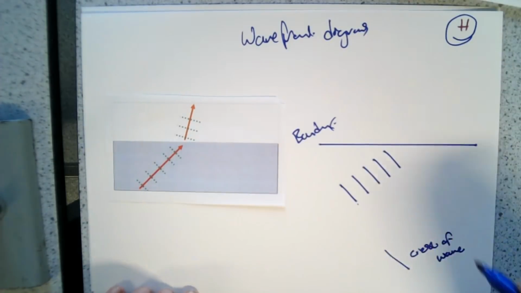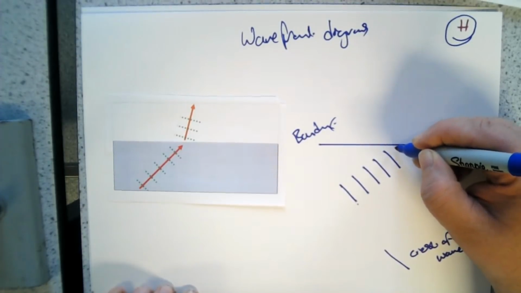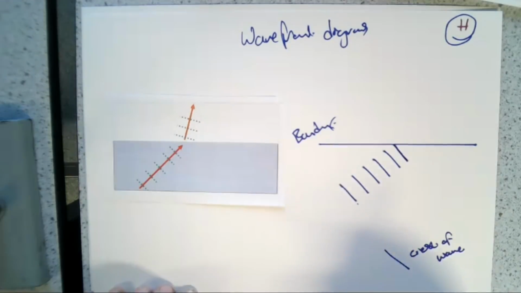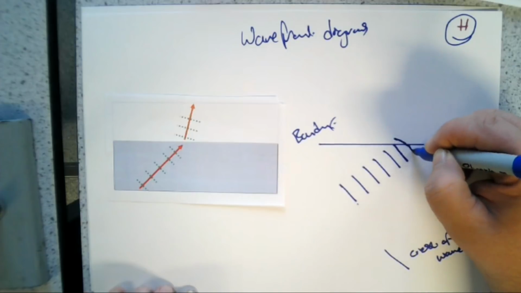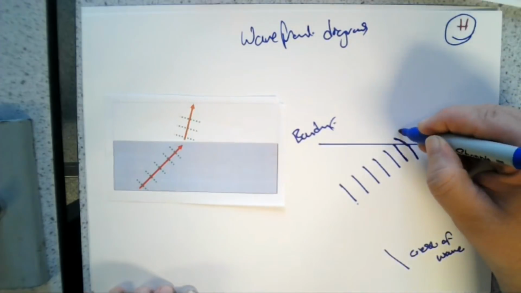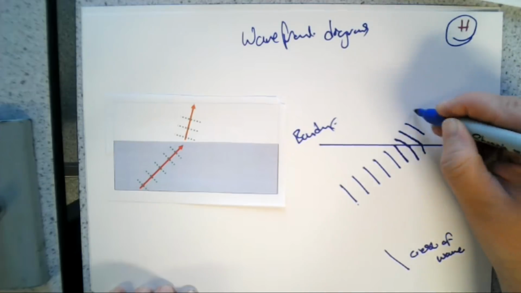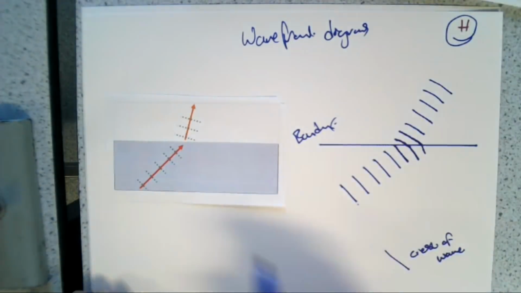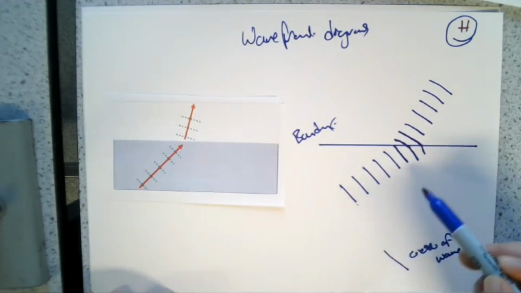So if we look at our diagram, our wavefront hits the surface, and then it's going to go bending, and all I've done there is I've shown how the actual wave behaves.